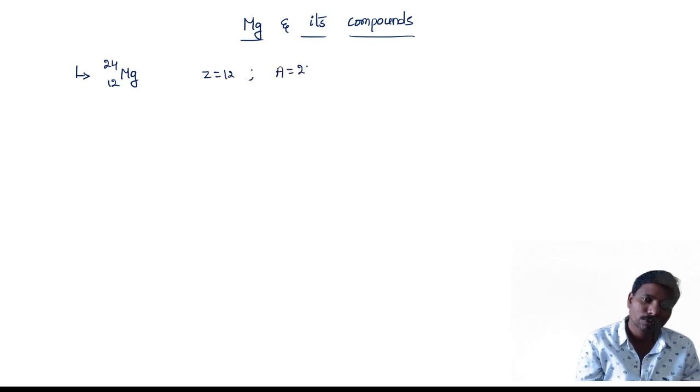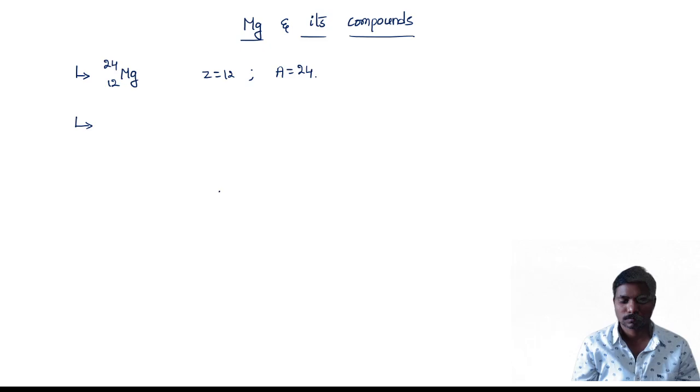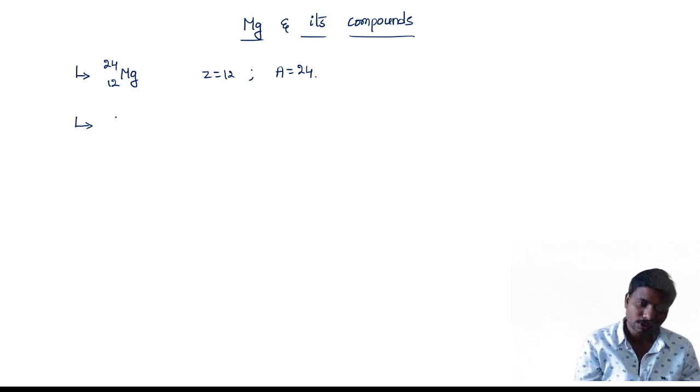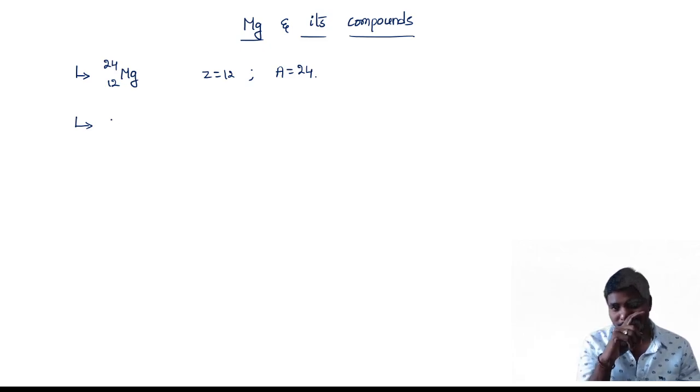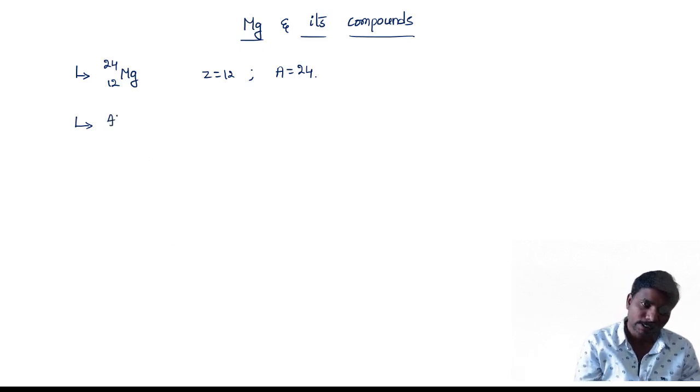Okay. Coming to this magnesium, its atomic number Z is 12, mass number A is 24. This magnesium is generally available in the form of chlorides, sulfates, carbonates, like that.